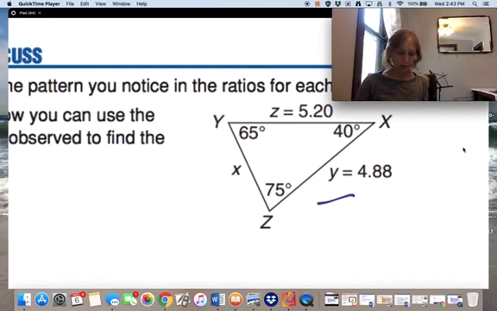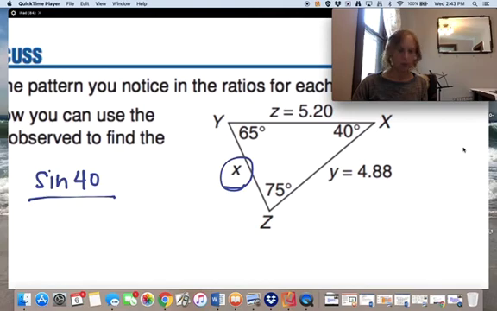What I see is that we need to find the side length of x, which means that we're going to have that x in our ratio. So we would have the sine of 40 degrees in our numerator, because we saw the angle at the top. We'd have that missing value x on the bottom. And what we saw is every single ratio was the same.